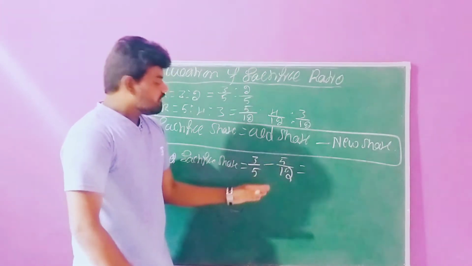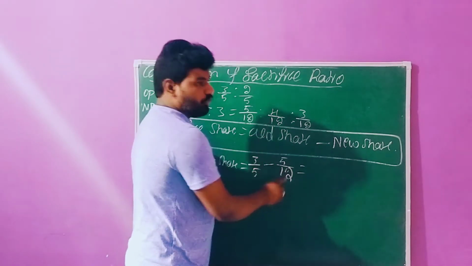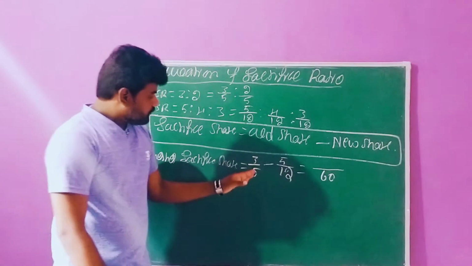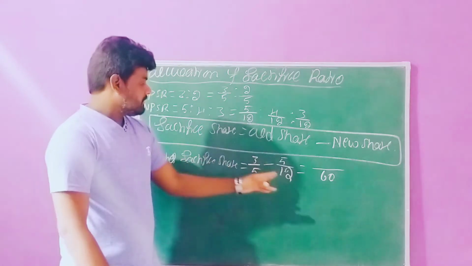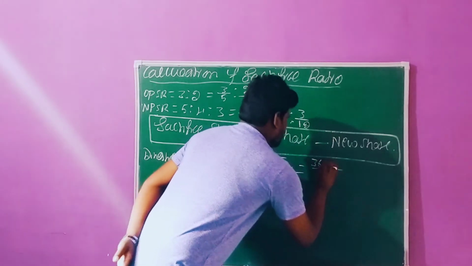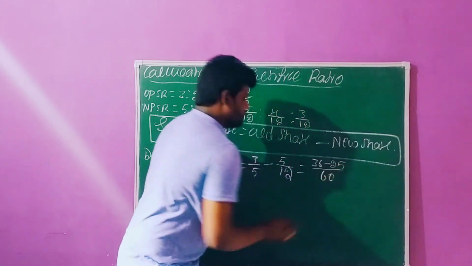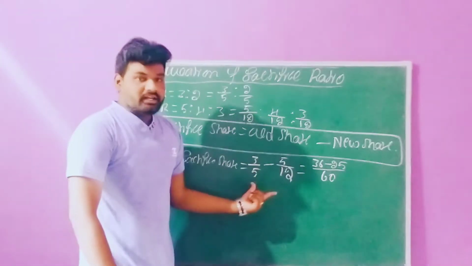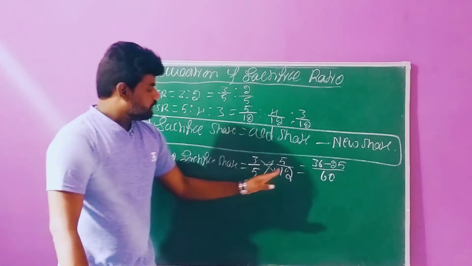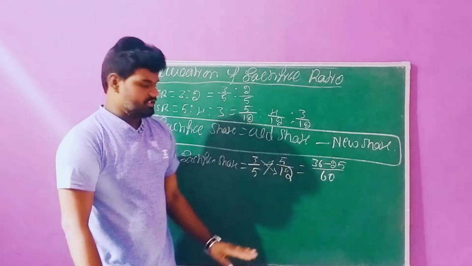In this situation we need to cross multiply. 5 12s are 60, 3 12s are 36, minus 5 5s are 25. So in this situation, where the denominators are unequal, we need to cross multiply. These are the calculations.